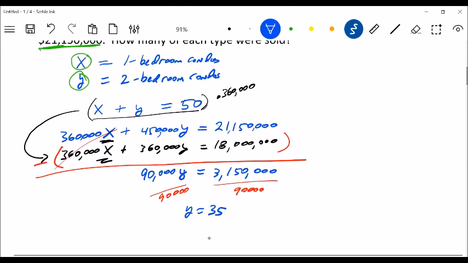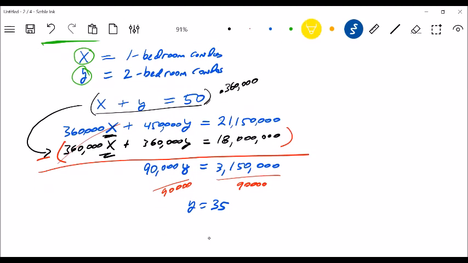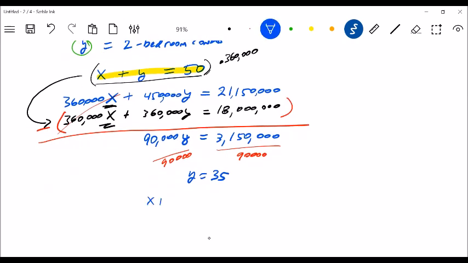So if Y is equal to 35, then we can put that back in. We have this one. Let's put 35 into that. X plus 35 is equal to 50. Subtract 35 on both sides. And X is equal to 15.